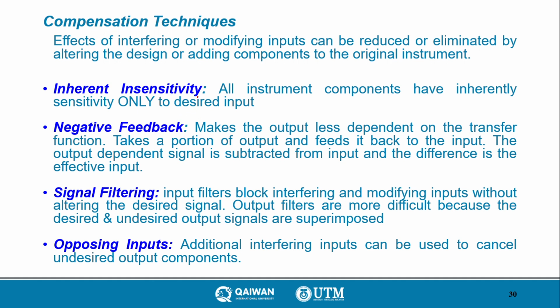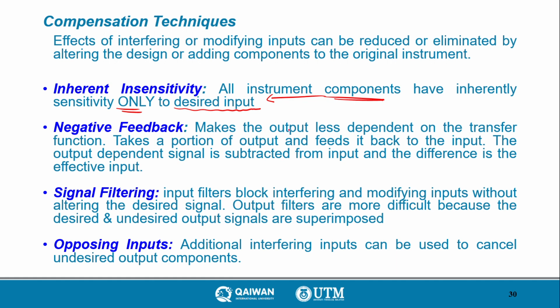For example, inherent insensitivity: all instrument components have inherent sensitivity only to the desired input. So the components should be designed to be sensitive only to the signals that we are planning to measure.